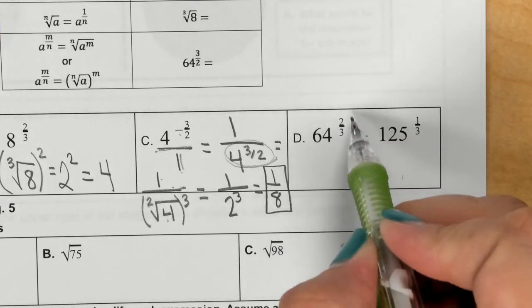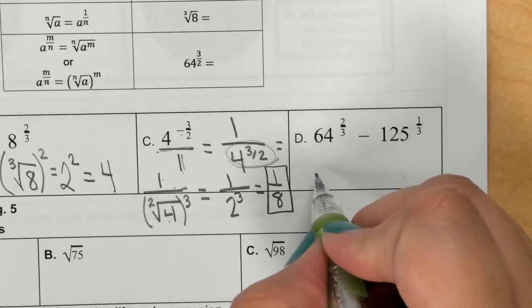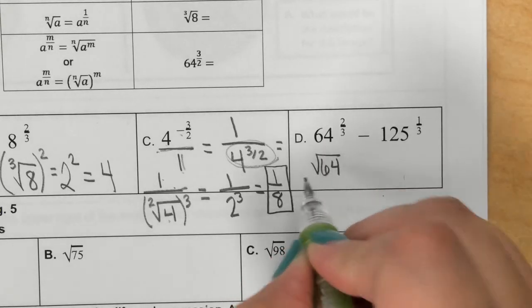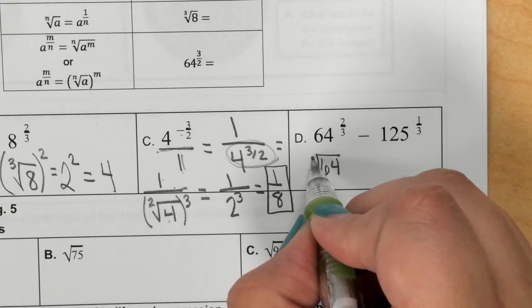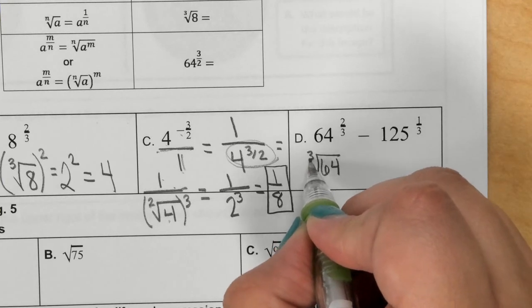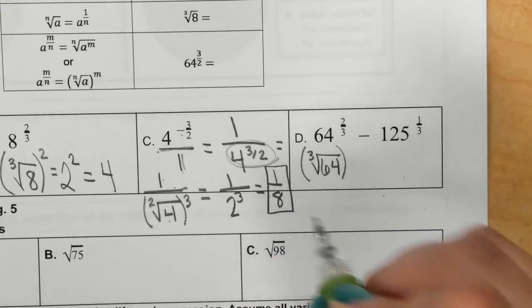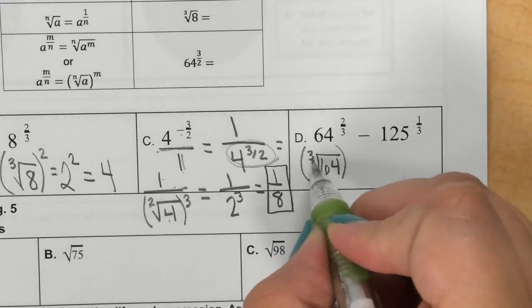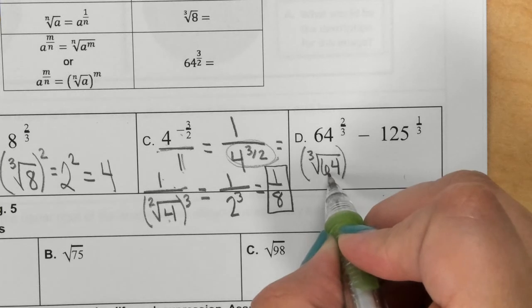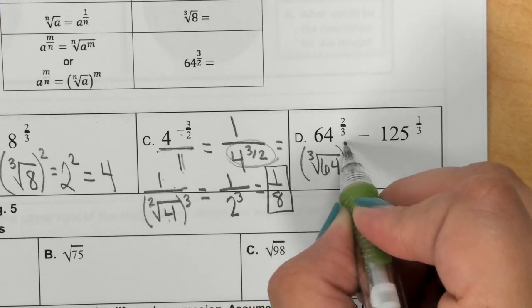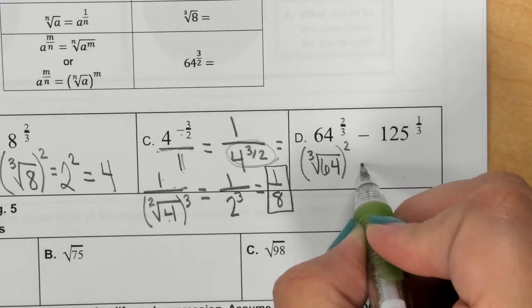Okay, so 64 to the 2/3. Let's write it out. What goes here? The 3. Also, we only do that to see if it's negative. Yes. So we got cubed root of 64, and we're going to what exponent? 2.